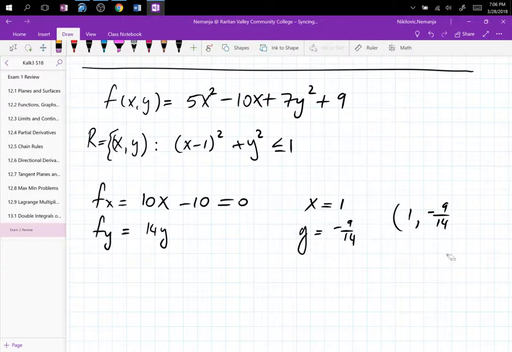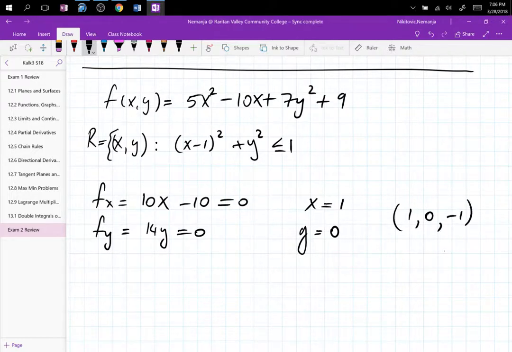Oh, yes, you're right. The derivative of 9 is 0. So y is equal to 0. Thank you. So it's 1 and 0, and you can immediately compute z. Great, thank you. So that's 1 minus 10, that's negative 10, and then the 0. So I think negative 1, right?